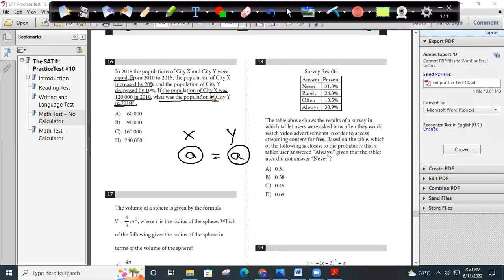If the population of city X was 1,20,000 in 2010, what is the population of city Y in 2010?